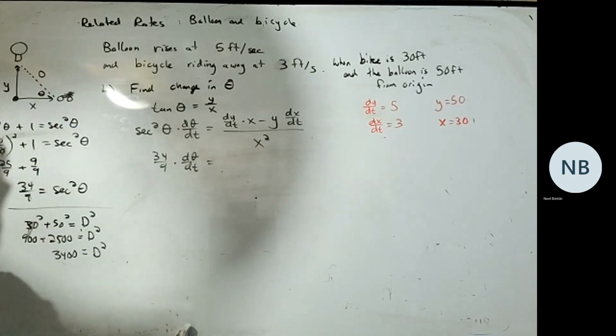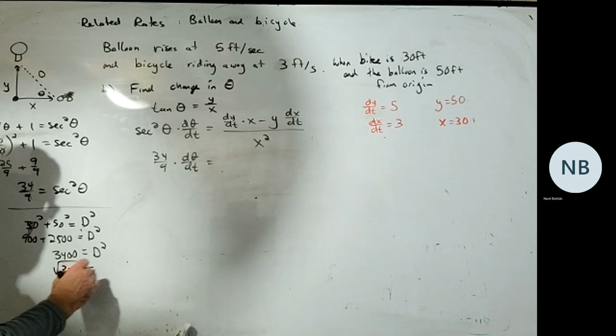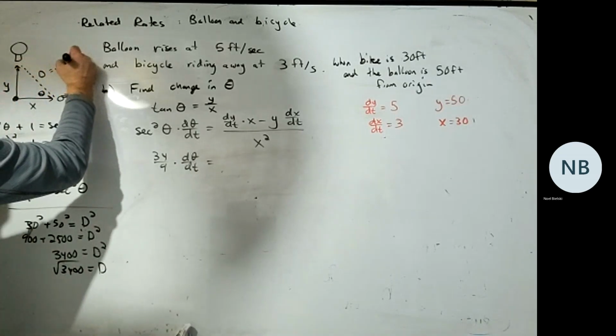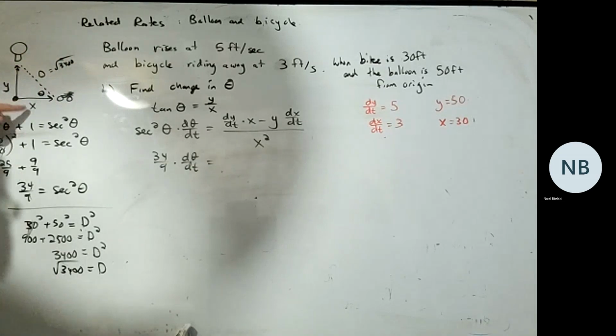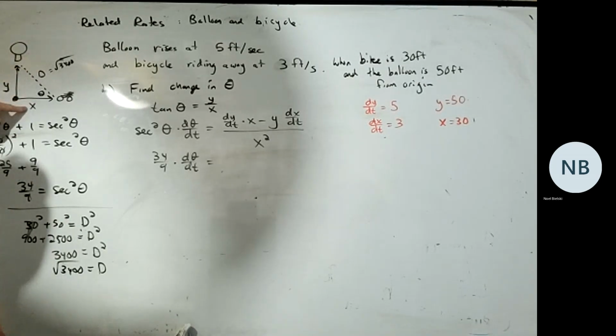Well, technically, it would be like oh, that's why, because it's secant squared. Well, who cares? This is going to be the square root of 3400. I'm not even going to simplify it. It's going to be equal to d. So this is equal to the square root of 3400. And this thing right here is 30. So the cosine is adjacent over hypotenuse. So the secant, which is reciprocal, would be hypotenuse over this.